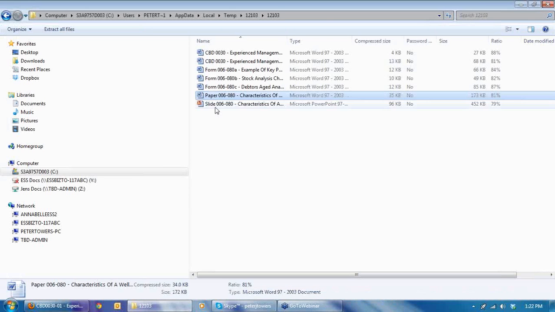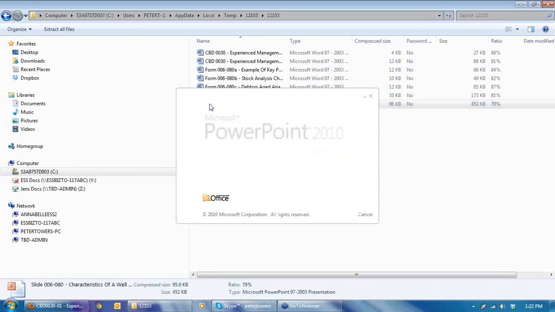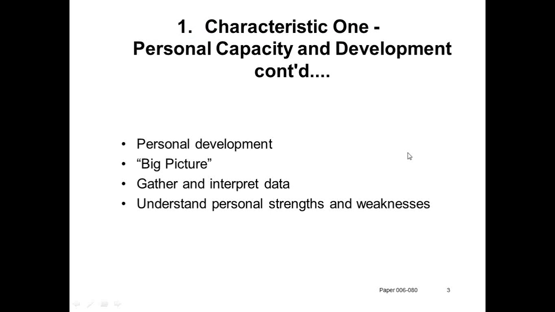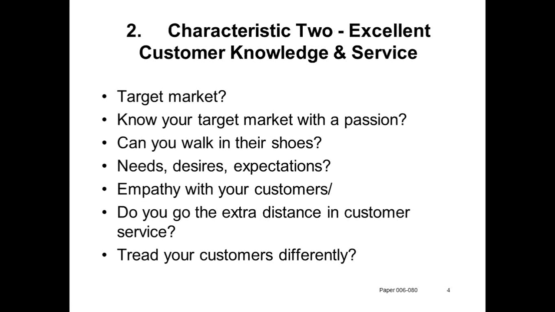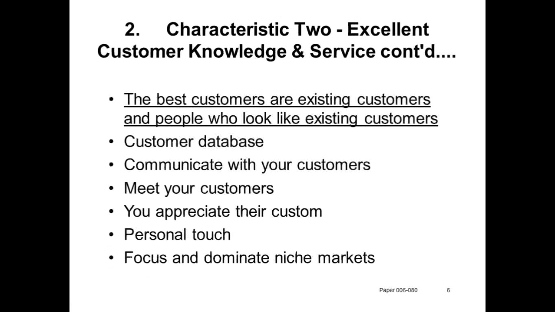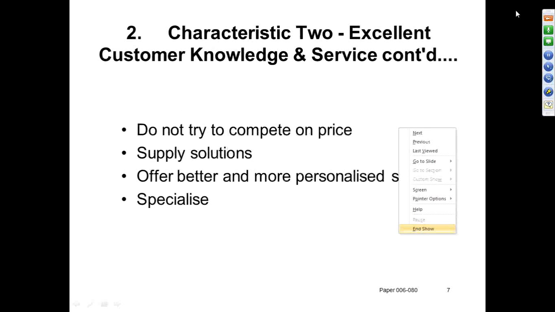There's also a set of PowerPoint slides. We included them because some people wanted them in this mentoring and coaching. It's up to you whether you send these to the client or not. It might be advantageous if the client's got a number of people involved with them they want to discuss some of these issues with. But they're there if you need them. It's really up to you whether you send them to the client or not.